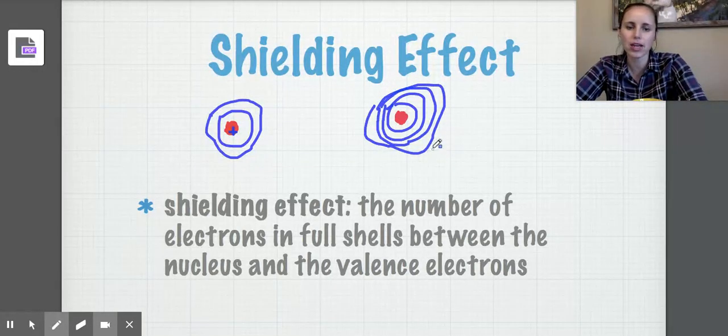There are 3 full shells in the way of these valence electrons and this positive core here. So shielding effect is greater for elements that are further down the periodic table than elements that are closer to the top.